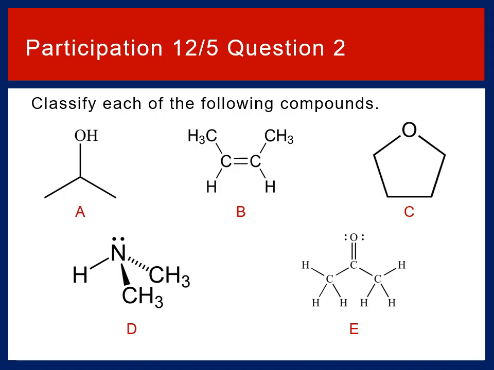Again, classify each of the following organic compounds. I've got 5 of them. Basically, A is that one, B is that one, and C there. D is that one, and E is that one. So I've got 5 different molecules represented in different ways, and I would like you to tell me what type of organic compound each one is.